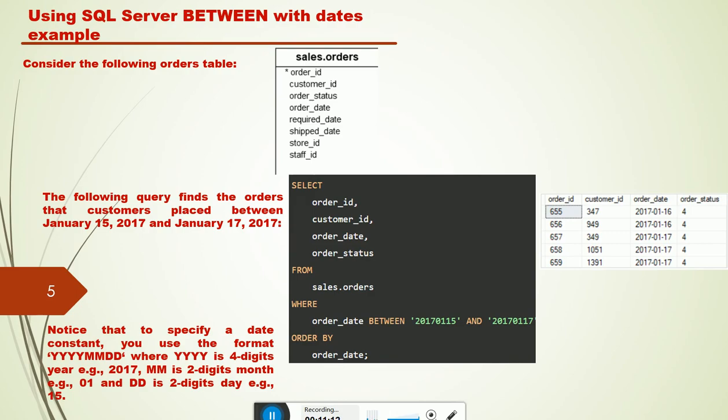So like this you can specify a range of dates for any transaction or whatever related records you want to retrieve from the tables. So you can also specify dates using the between operator. I hope it is clear to everyone. Now we will move to the next thing.